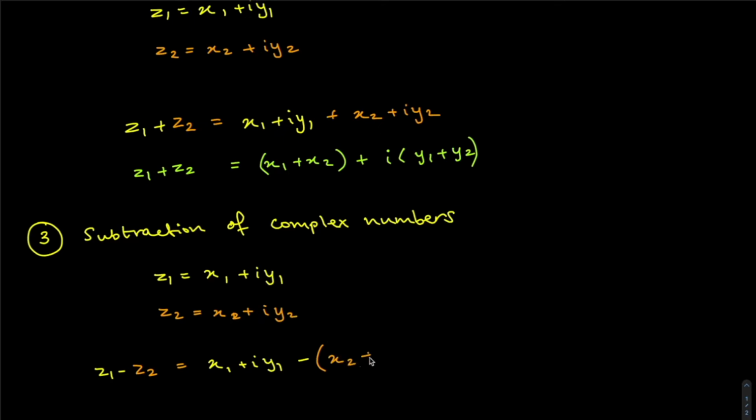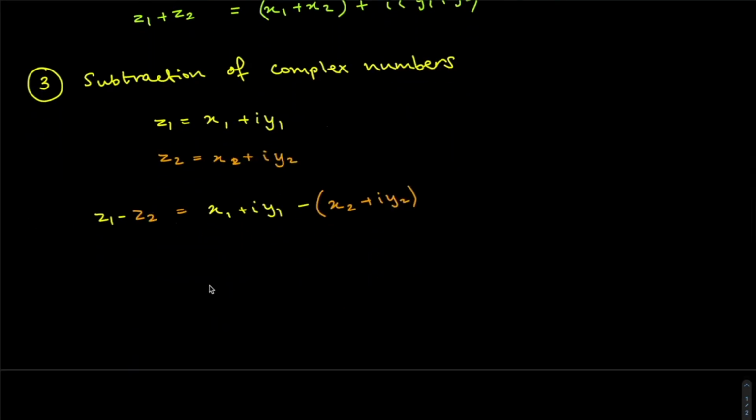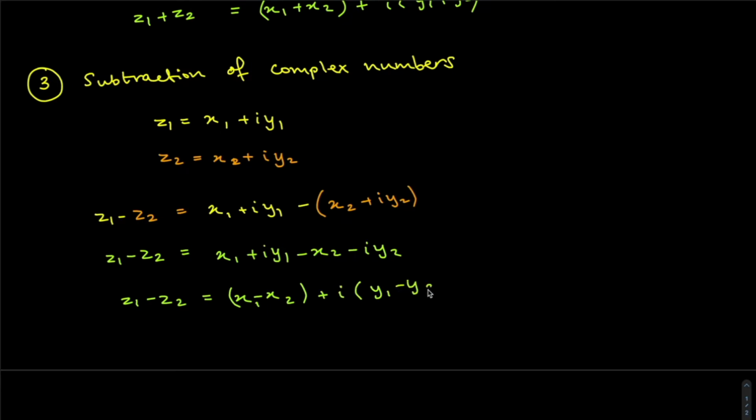So Z1 minus Z2 is equal to X1 plus iY1 minus X2 minus iY2. So Z1 minus Z2 will be X1 minus X2, plus i times (Y1 minus Y2). Very simple, nothing too complicated.